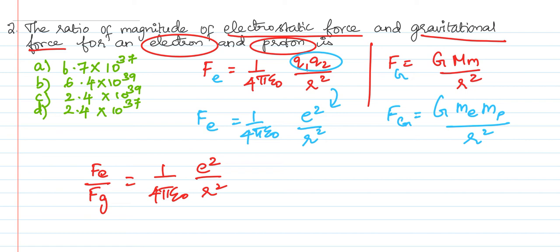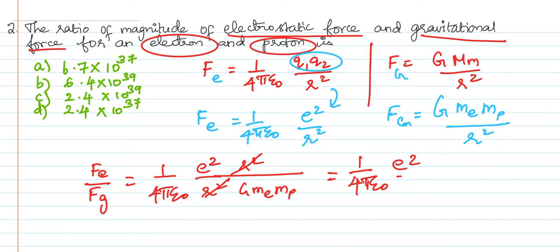So the final answer will be, here r square will be there, and then my G, me, mp alone will get retained, and this will get cancelled. So my final answer in the formula itself is 1 by 4 pi epsilon naught e square by G me mp.